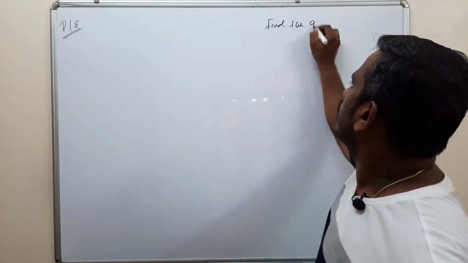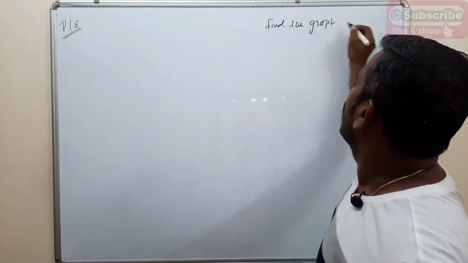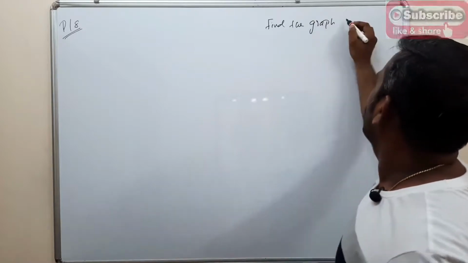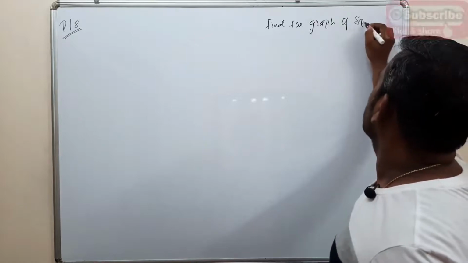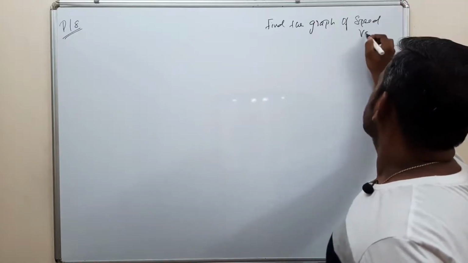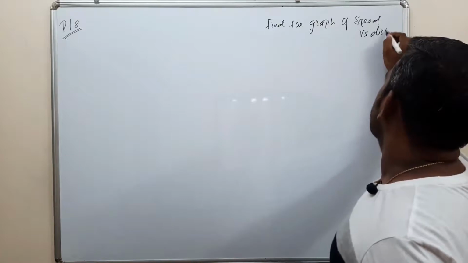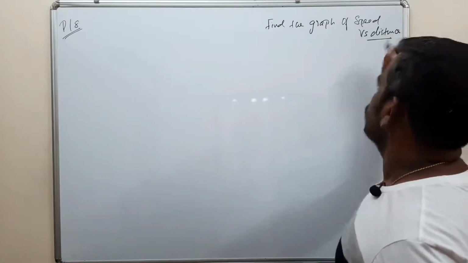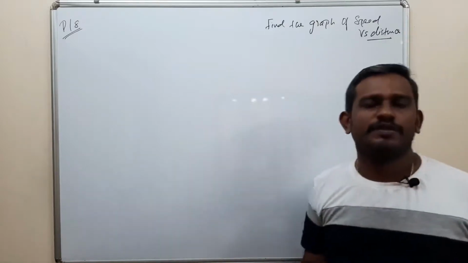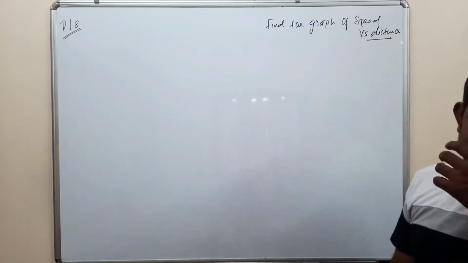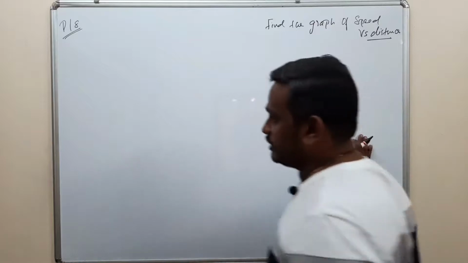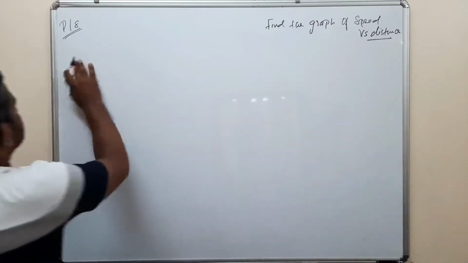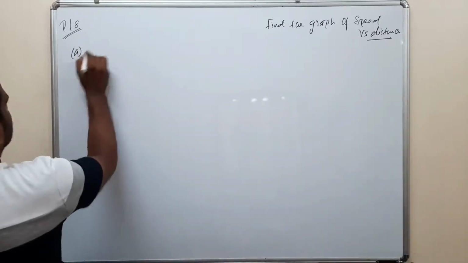Find the graph of speed versus distance. A body starts from rest and moves with a constant acceleration. So find the graph of speed versus distance. Option A.